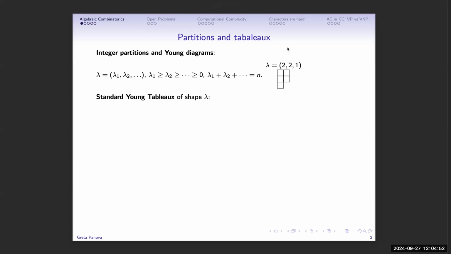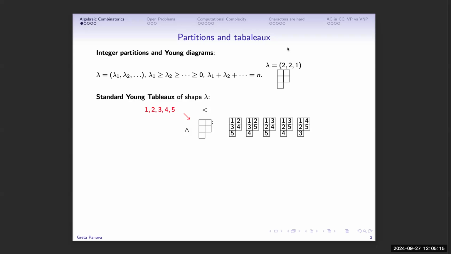The next thing we can do in algebraic combinatorics is put numbers inside those boxes according to some rules. For example, in this case, we put the numbers from 1 up to 5, and ask them to be strictly increasing along the rows and down the columns. So we have 5 possibilities to arrange those numbers.